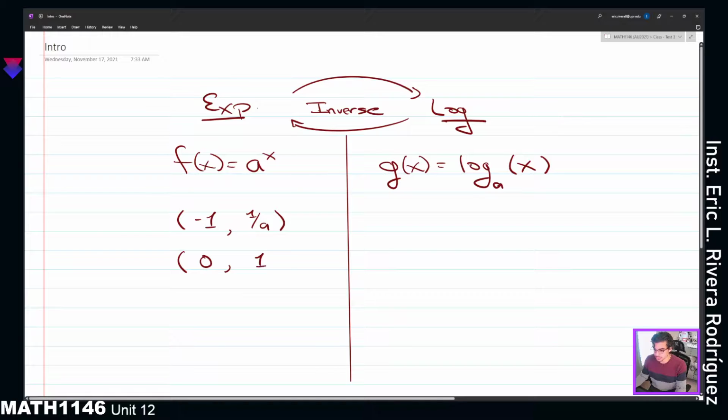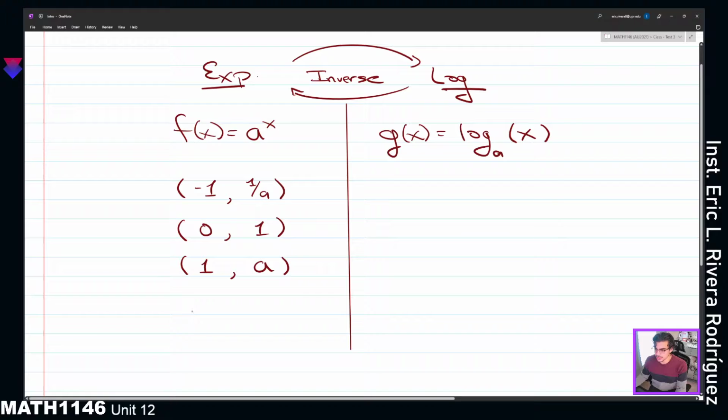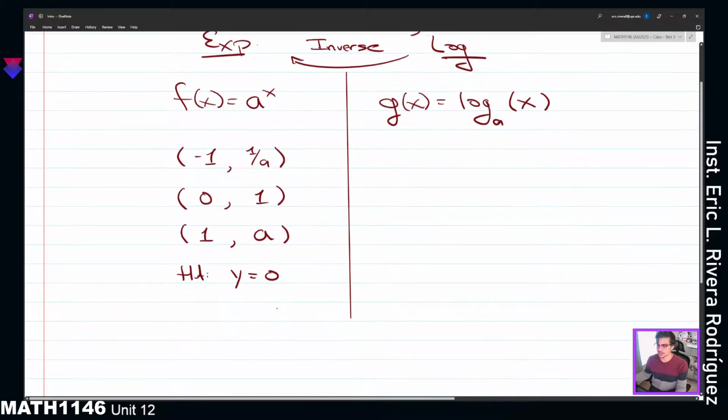A raised to 0 is just 1. And then +1 and the base is just a. We know that exponential functions have a horizontal asymptote, and that is y equals 0. That's the equation.